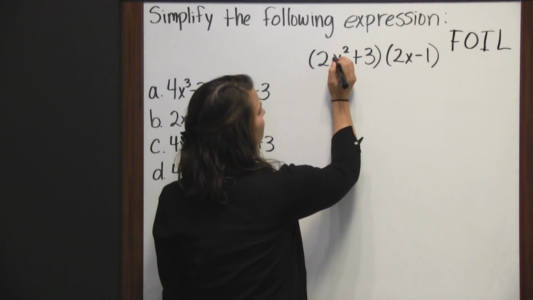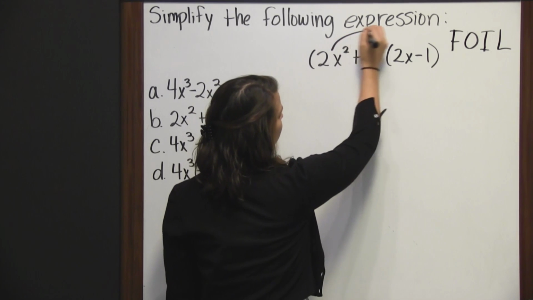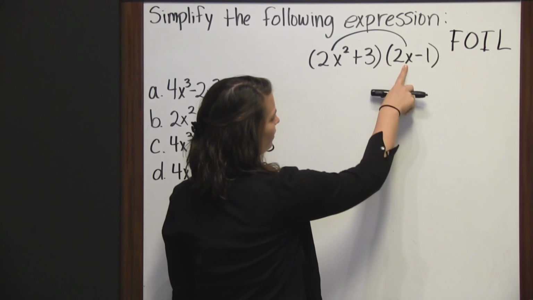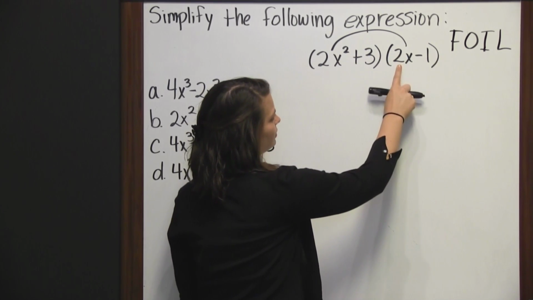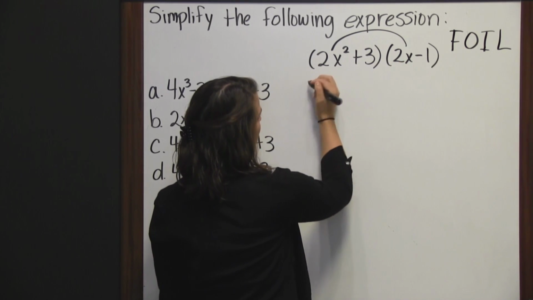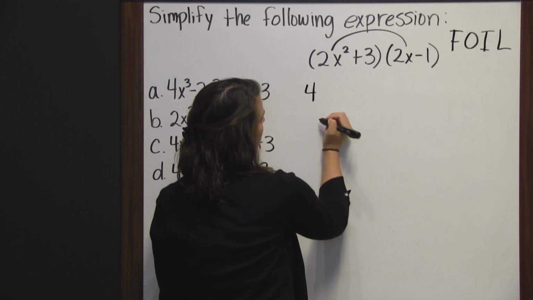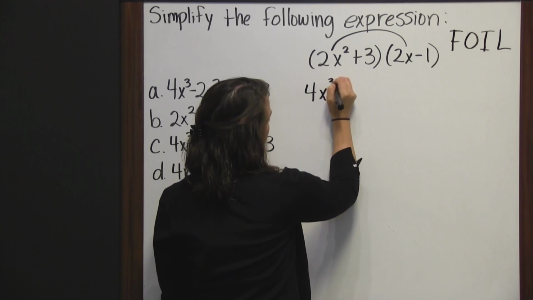So we're going to take the first term in our first binomial and multiply it times the first term in our second binomial. First and first. 2x squared times 2x. 2 times 2 is 4. X squared times x is x cubed.